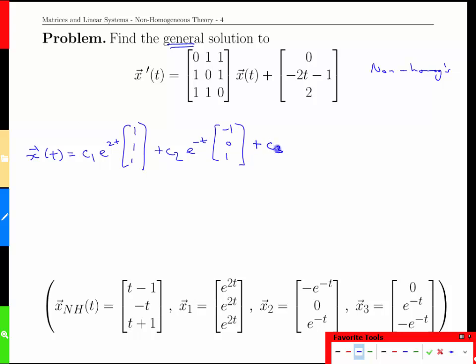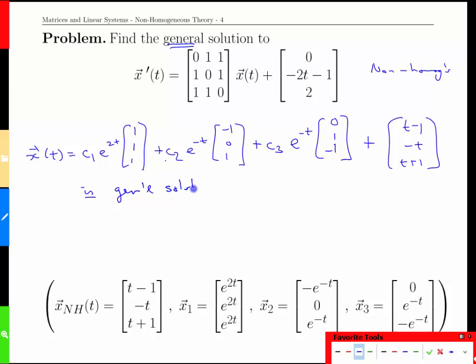And then we could also have some combination or scalar value of this. Another e to the negative t out front, 0, 1, negative 1. And because it's the non-homogeneous case, we'll just tack on at the end with no coefficient, no multiplier, this solution here, t minus 1, minus t, t plus 1. And that would be our general solution.